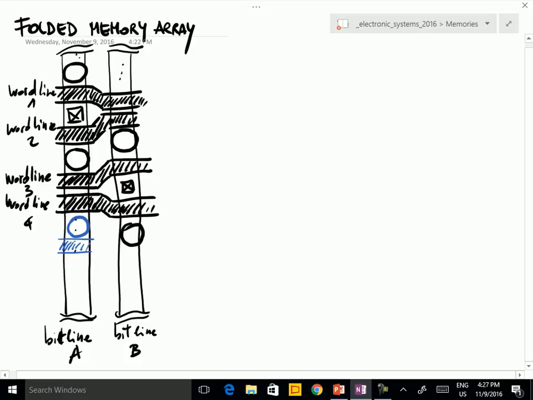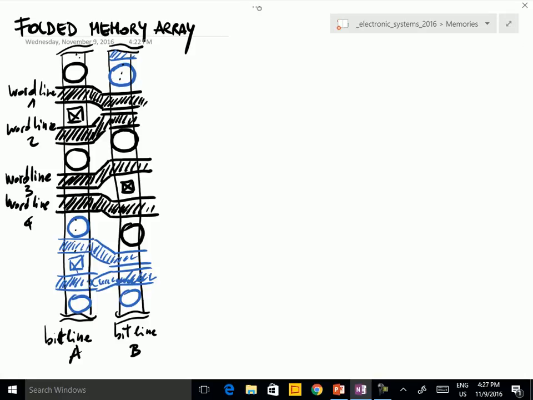Other 2 memory cells here, and then of course we will have another, etc., etc. Okay, these 2 are going to be like this. Etc., etc. Everything is repeated.